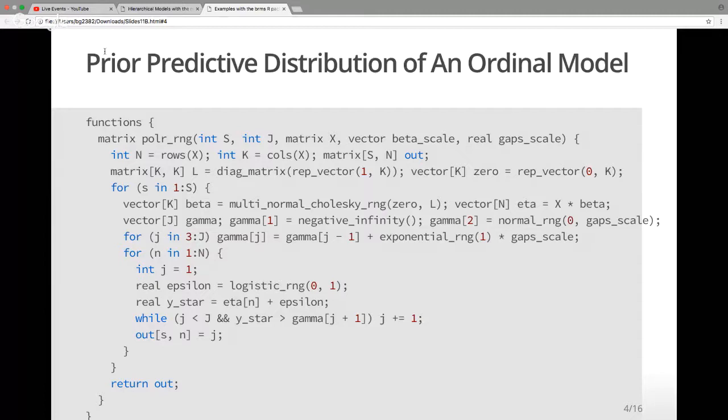So the log odds ratio for the probability of being less than or equal to the third category divided by the probability that it's greater than the third category is the same linear function as the log odds for the probability you're less than or equal to the second category divided by the probability that you're greater than the second category.